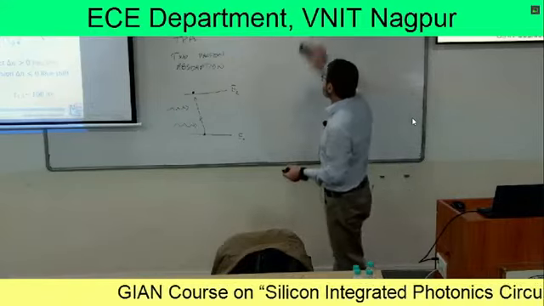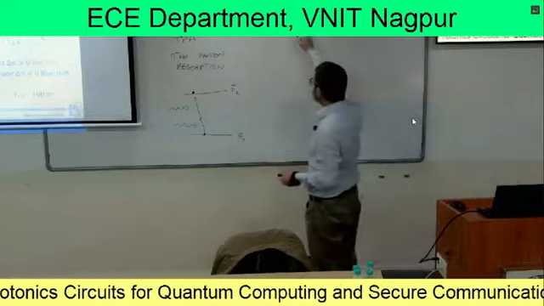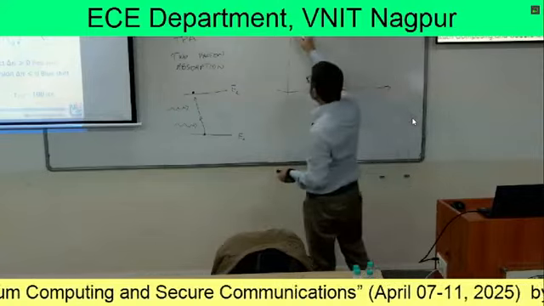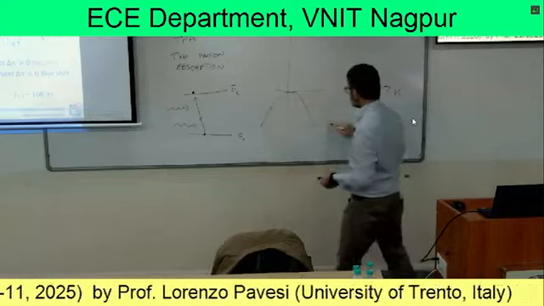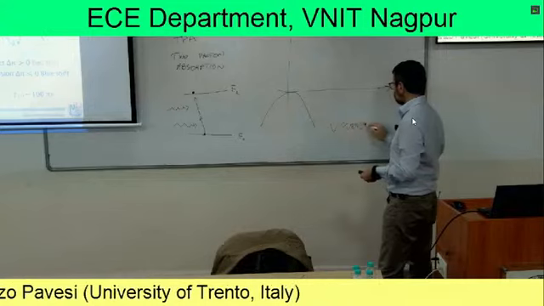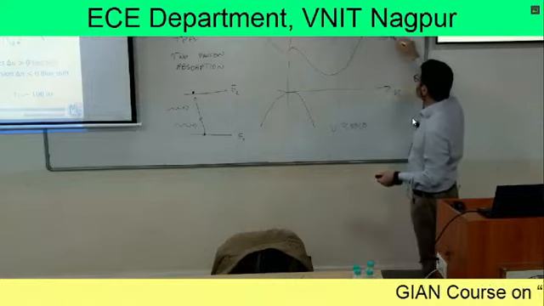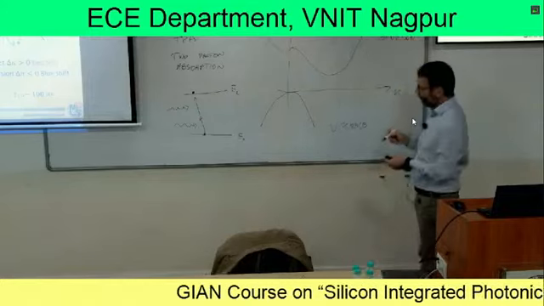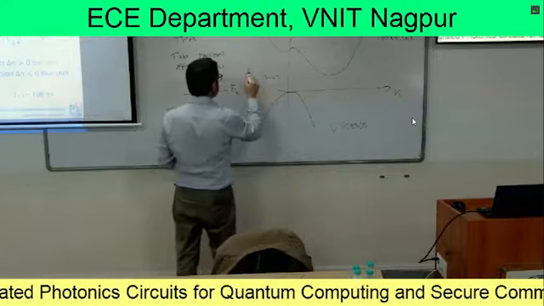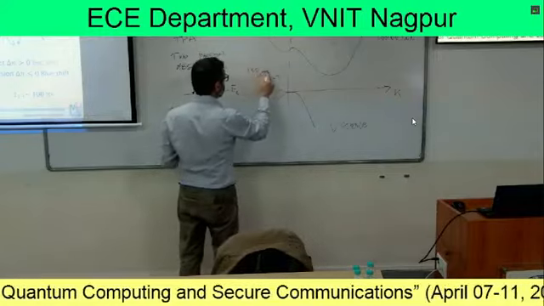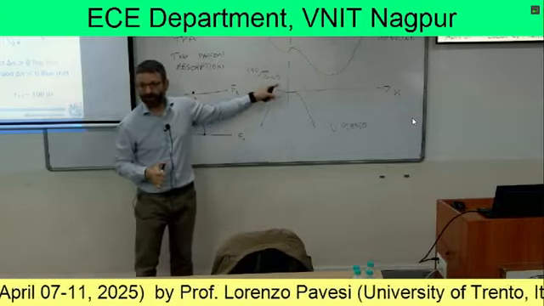So we have our silicon, and this is the band gap of silicon. The band diagram of silicon, energy versus momentum. This is the valence band, and this is the conduction band. We are entering with a photon in the third telecom window, 1.55 micron, and this photon is typically not absorbed by silicon, because silicon is transparent.